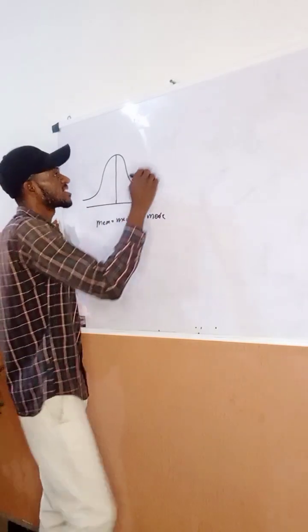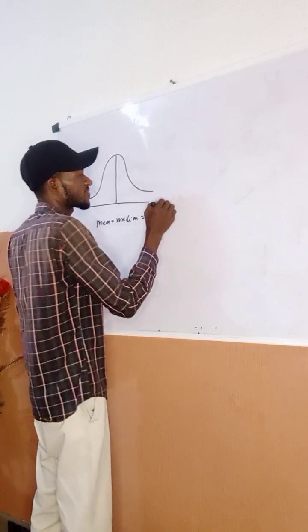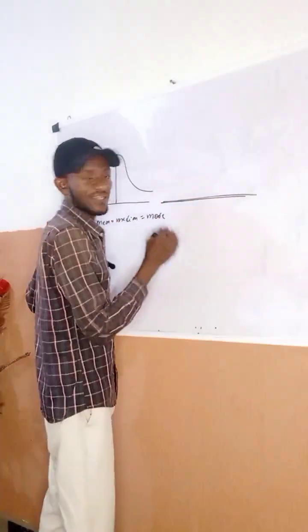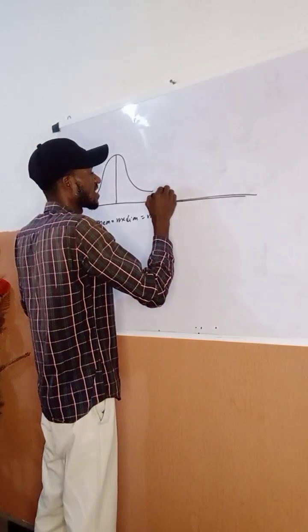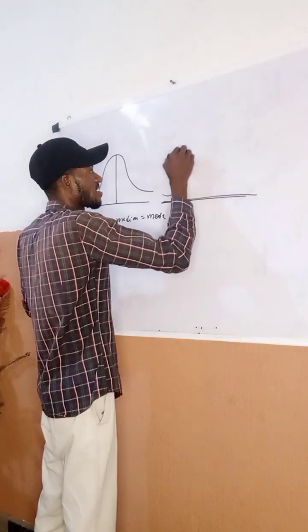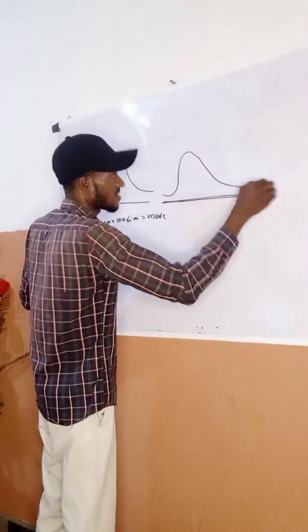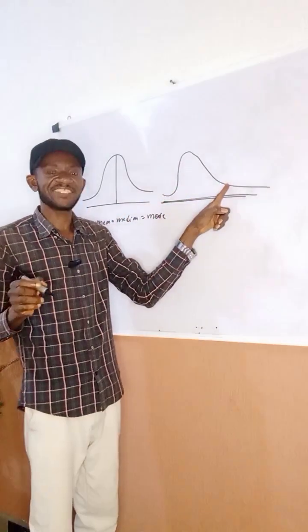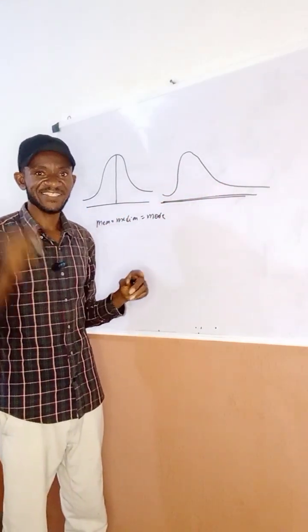But it ceases to be symmetrical when you have something like this, something that goes this way. You see, this one is skewed to the right.